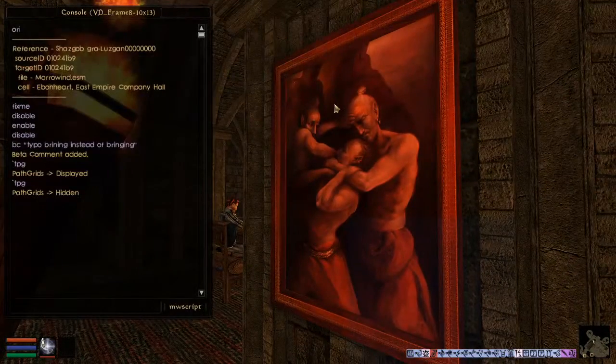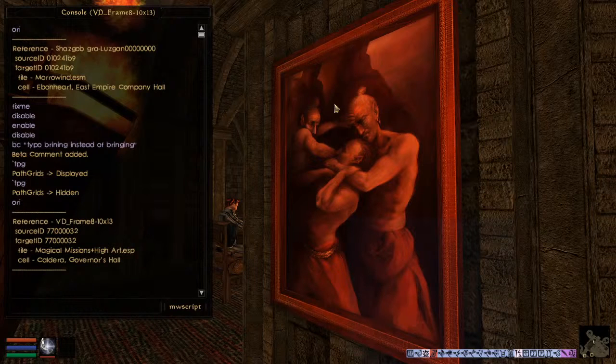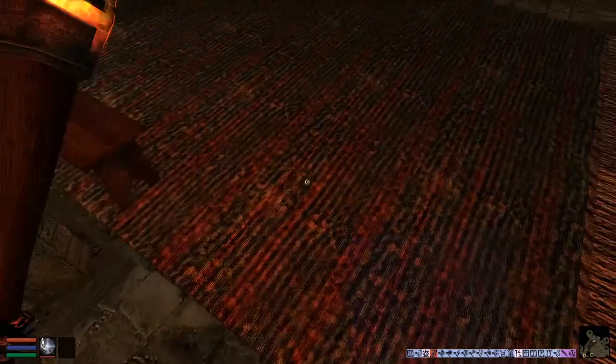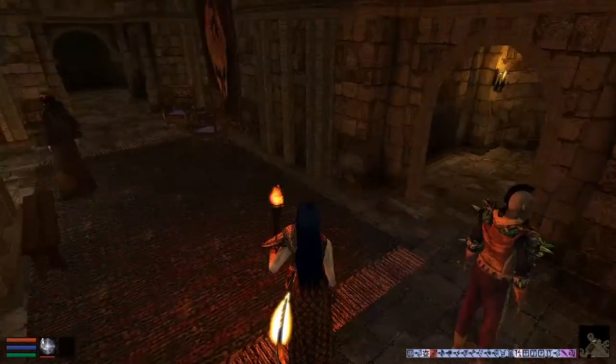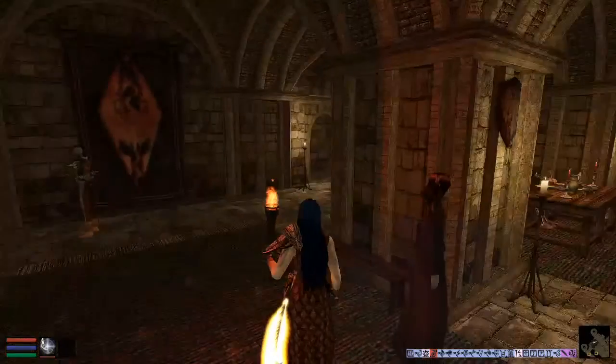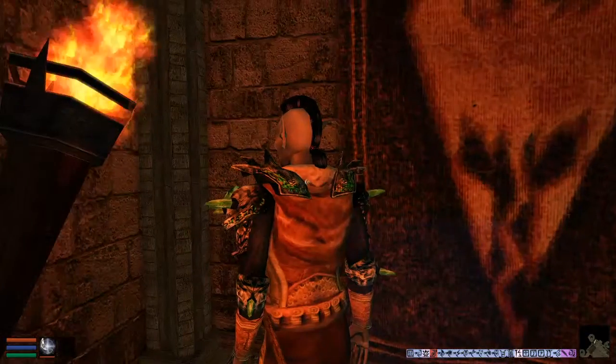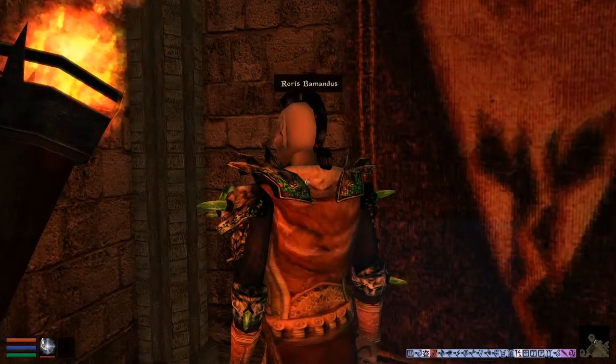From the High Art mod, a recent mod adding all this beautiful art to Morrowind. Hey Maurice.